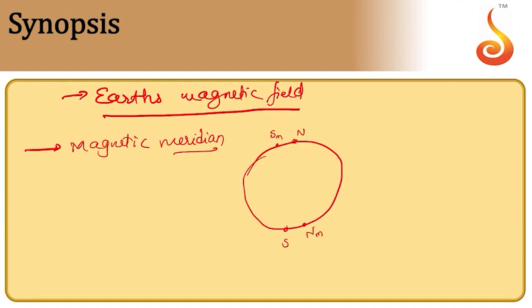Now, if I consider any place on the Earth, we can form a plane with the help of the two magnetic poles and the place under consideration. This plane is what is called the magnetic meridian. So, this is basically a plane coinciding with the magnetic north and south and that place.